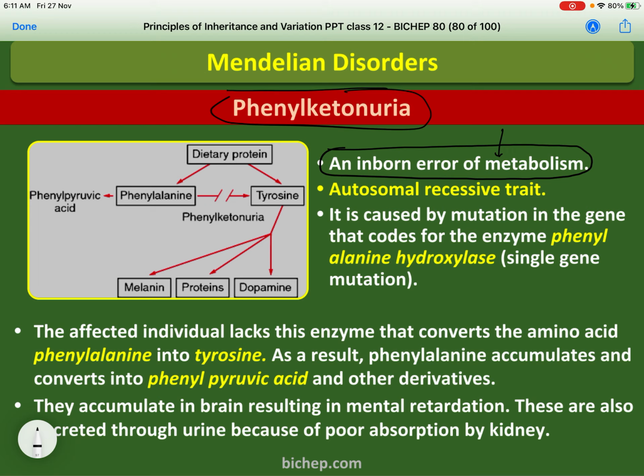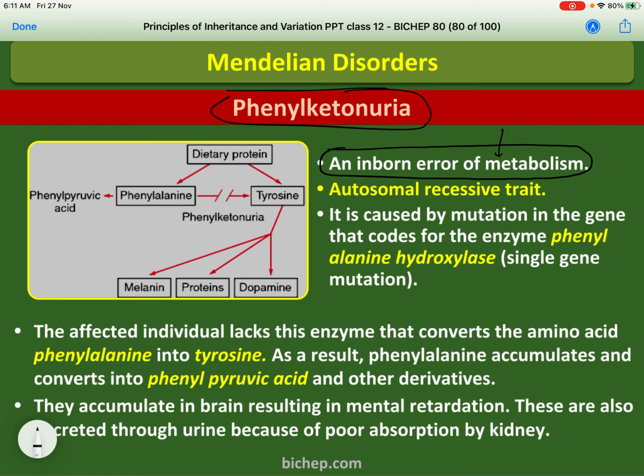which is responsible for the production of the enzyme, right? So here the enzyme producing gene is getting mutant. So, mutation has resulted in the gene which is responsible for production of a particular type of enzyme.